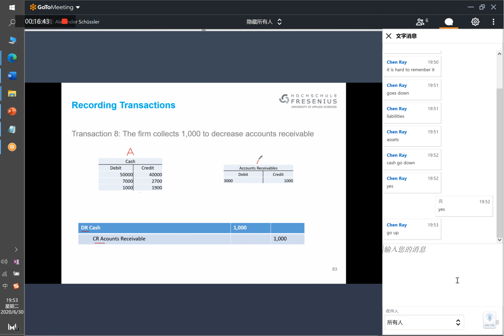It is an asset, and when we credit it, it goes down. When we credit an asset account, it always goes down. So here, cash is up, accounts receivable is down.